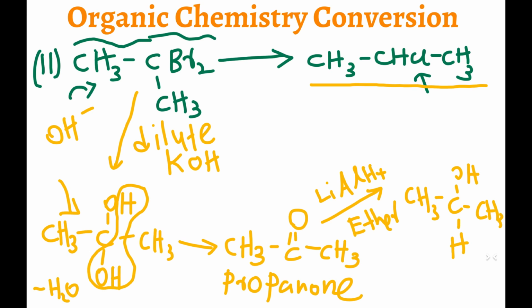Then now you can see we have to follow only 1 step to make our final one. Then we have to use PCl3 or PCl5. Our last step should be a nucleophilic substitution reaction, and the nucleophile is Cl minus.